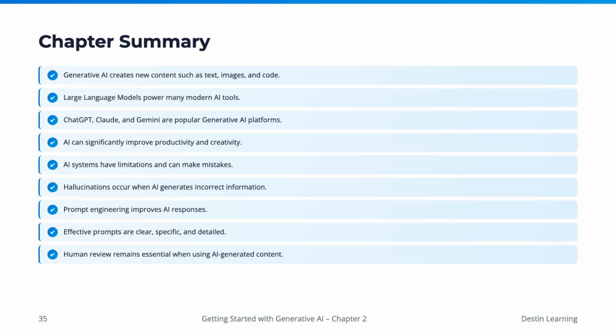However, it's critical to remember that AI systems have limitations and can make mistakes, including hallucinations where they generate incorrect information. Finally, we emphasize that prompt engineering is vital for improving AI responses, and that effective prompts are clear, specific, and detailed. Above all, human review remains absolutely essential when working with any AI-generated content.